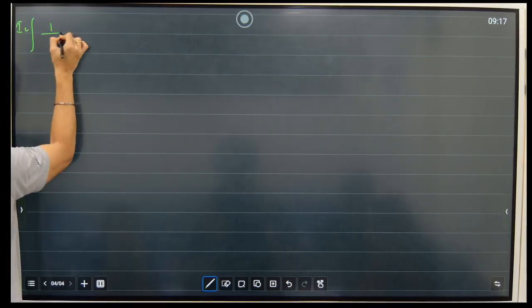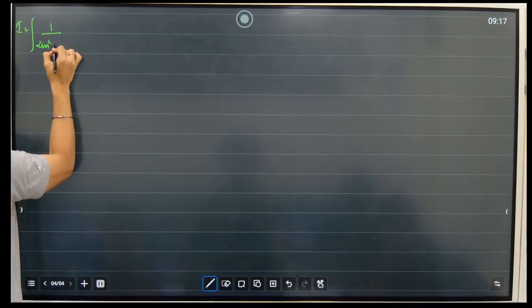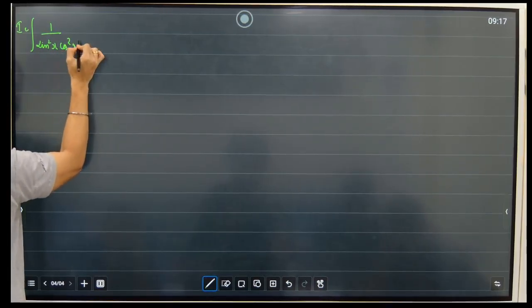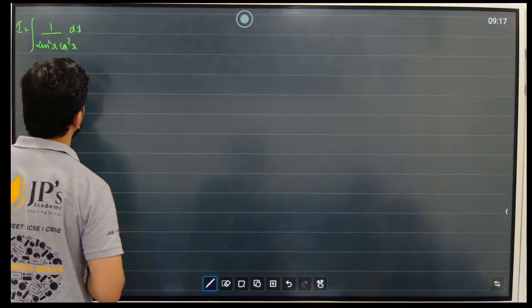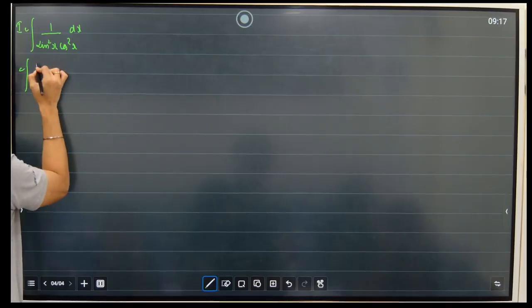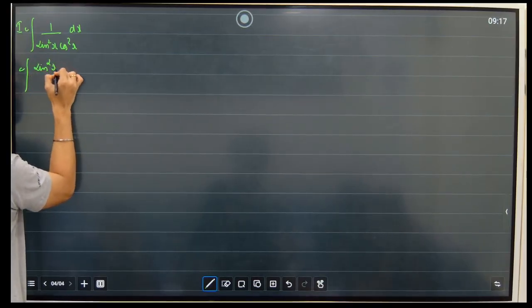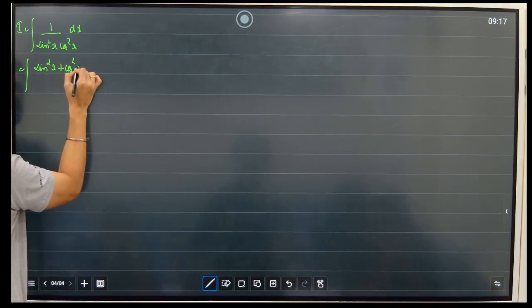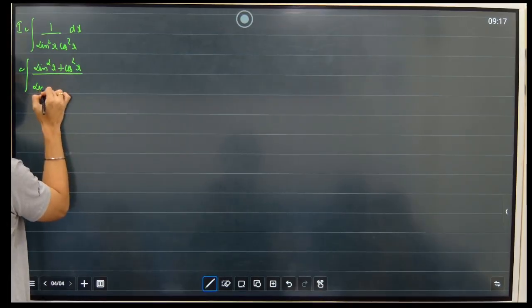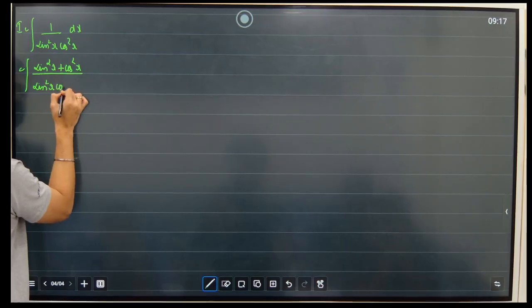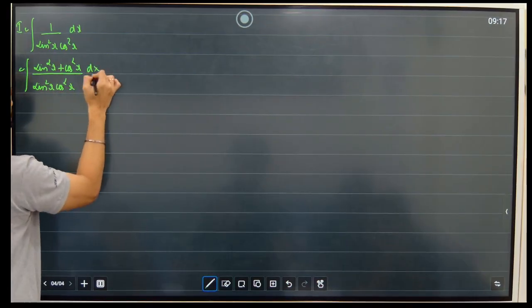I is equal to integration 1 upon sine square x cos square x dx. In place of 1, I will write sine square x plus cos square x upon sine square x cos square x dx.